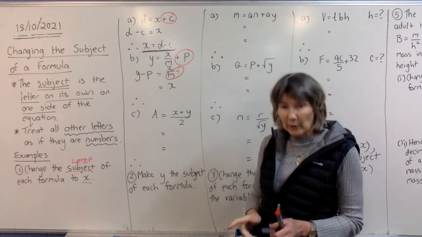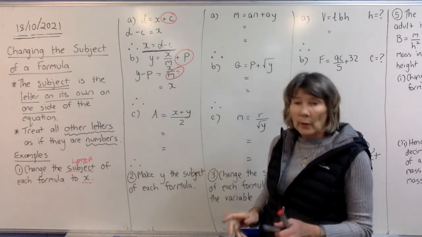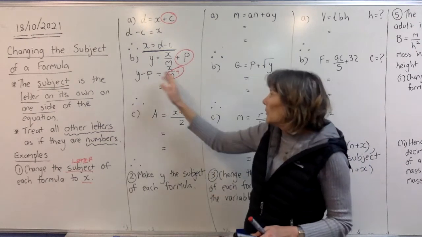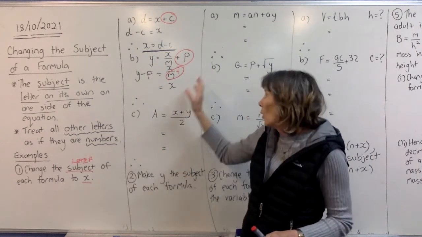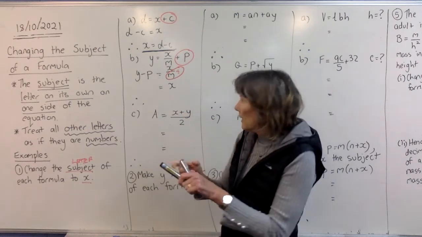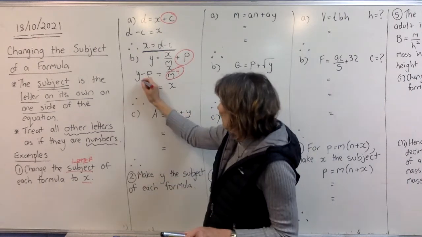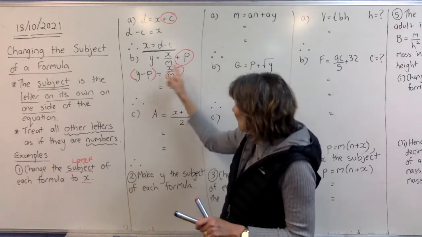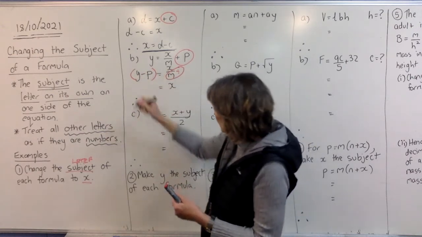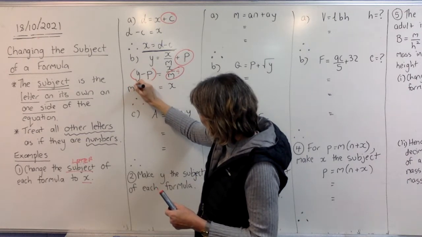Now you have to be very careful with this. You could come over here and times both terms separately by m, or you can put that in a bracket, because there's more than one term. Then when you multiply by it, we can write that at the front like this.